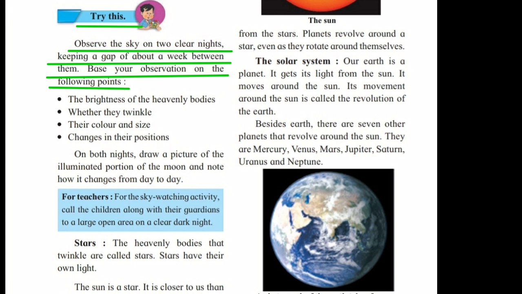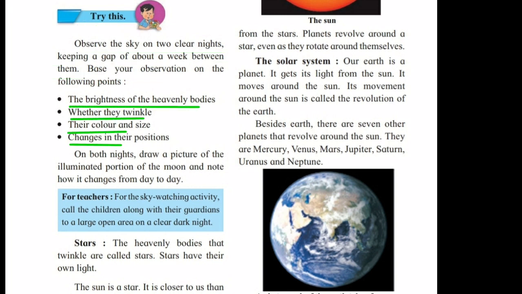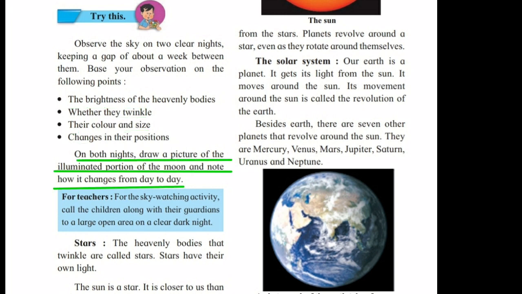Base your observation on the following points: the brightness of the heavenly bodies, whether they twinkle, their color and size, changes in their position. On both nights, draw a picture of the illuminated portion of the moon and note how it changes from day to day.